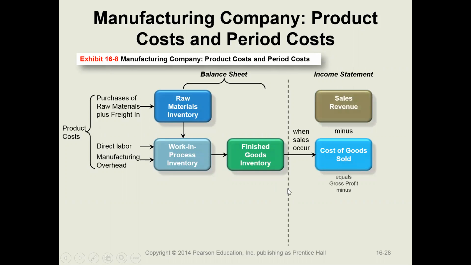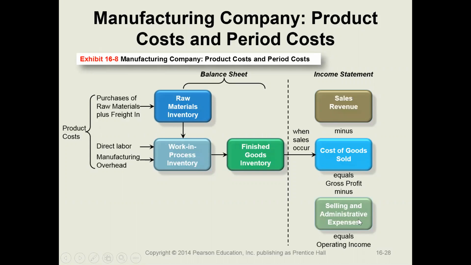And notice the cost of goods sold is an income statement item. So it gets transferred from finished goods inventory, which was a balance sheet item, into the income statement in the account cost of goods sold, which is an expense account. Okay. So on the income statement, you'll see that sales revenues minus cost of goods sold equals gross profit.